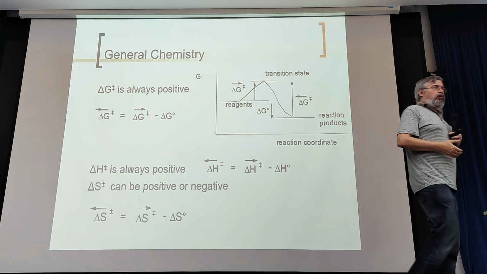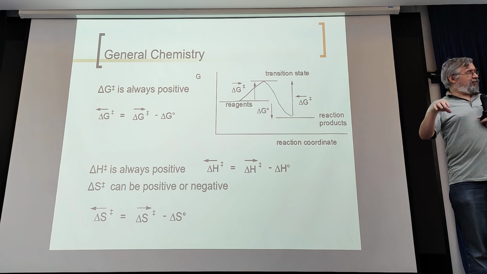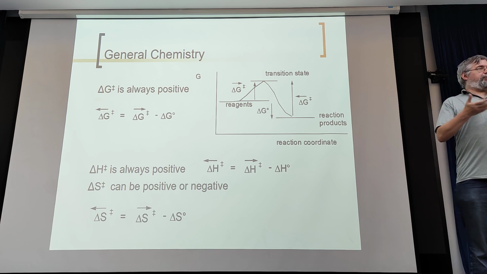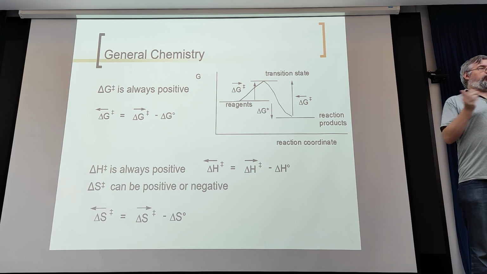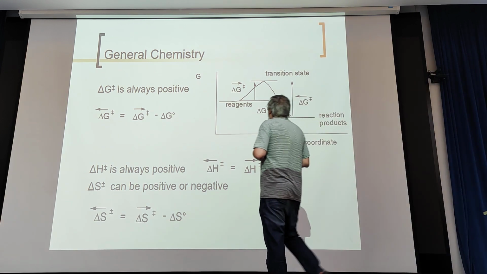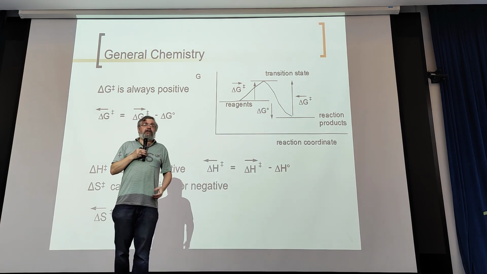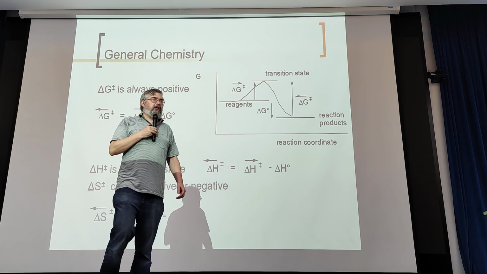Normal direction, of course, we go from the reagents to the products. But you can turn your reaction around, especially if you have equilibrium. Maybe your products will form reagents. On the reaction profile, it's possible, you just go instead from the left to the right, you go from the right to the left.